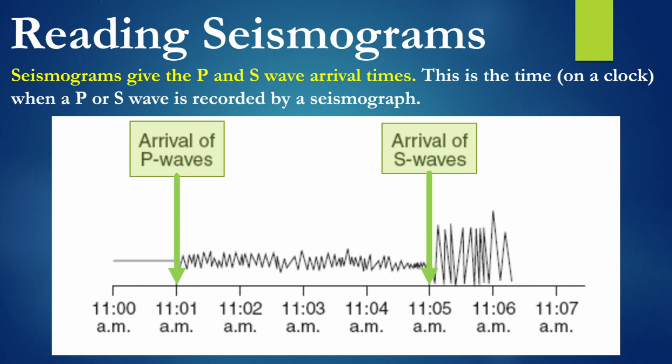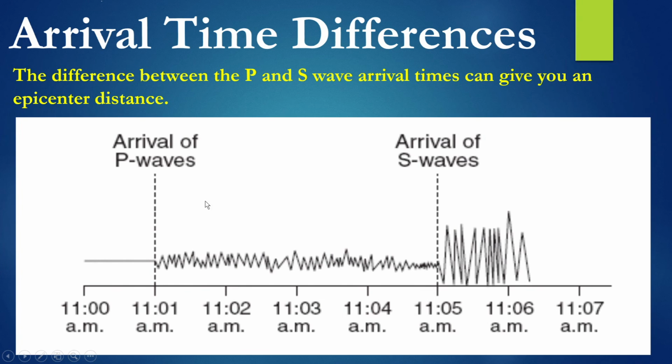So the first thing we have to understand is that on a seismogram, it'll always give you the P and the S wave arrival time. Now here, I've done a good job of labeling it for you. So this one's really straightforward. The P wave arrived at 11:01 a.m. and the S wave arrived at 11:05. So that's a 4-minute difference.